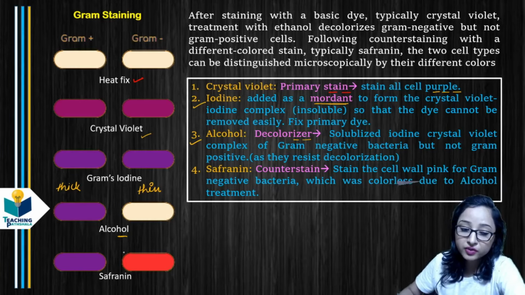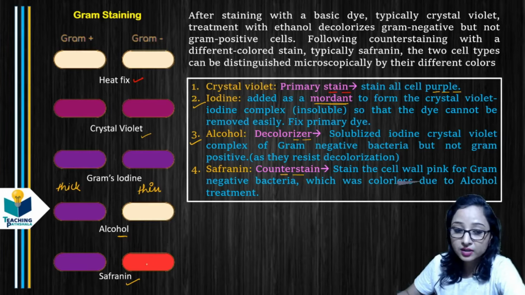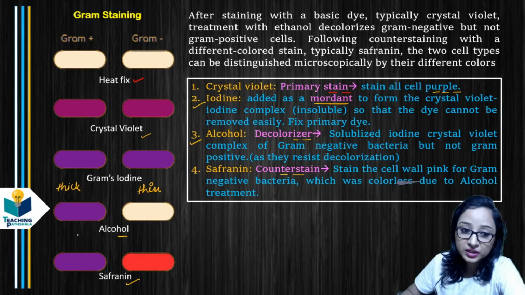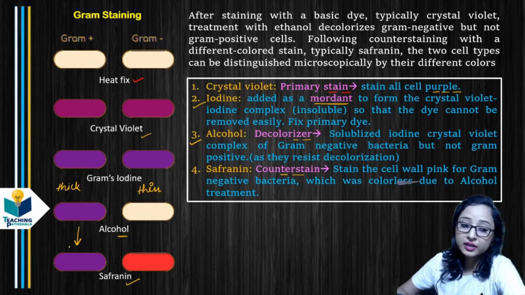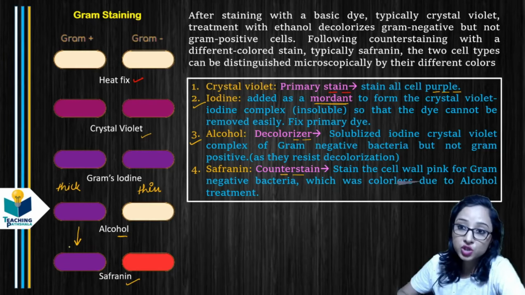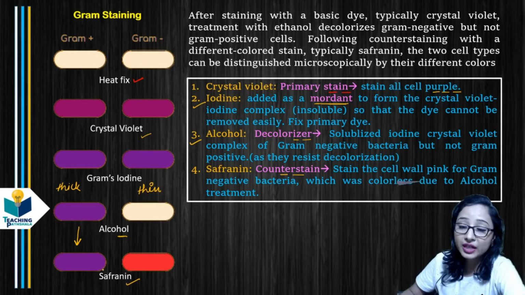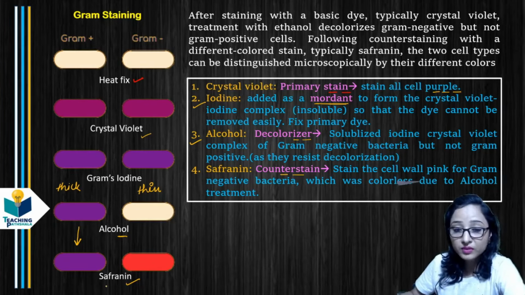And after that there will be application of safranin, which acts like a counter stain, and this safranin has a dark pink color. So when we apply the safranin, obviously the gram positive bacteria already have their own initial color, so they are not going to gain any other color, because there is nothing to color again.